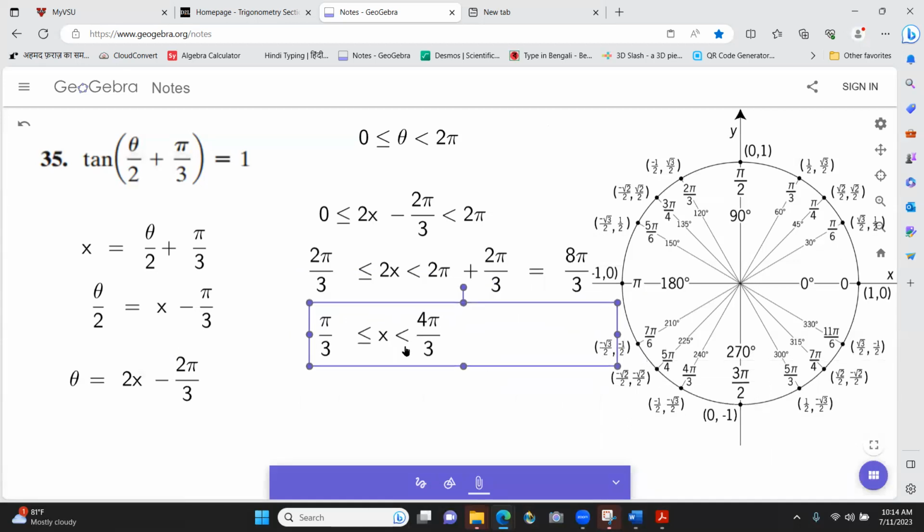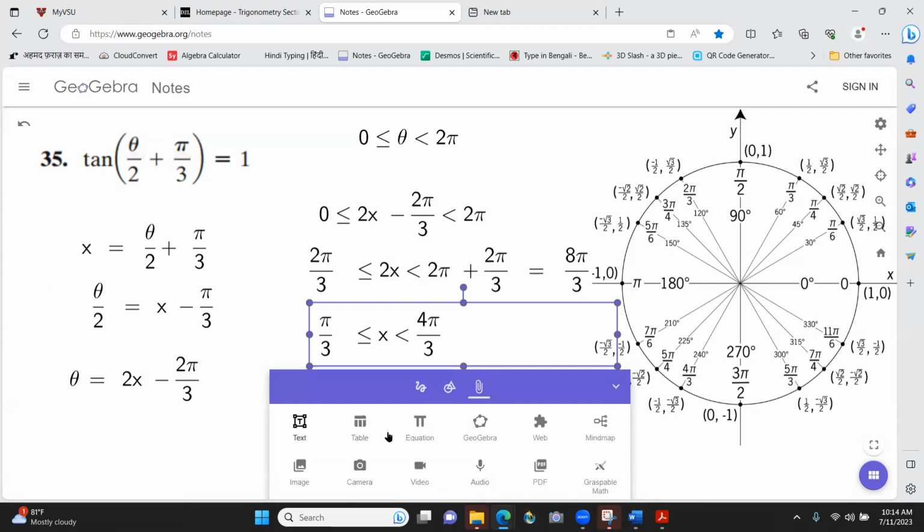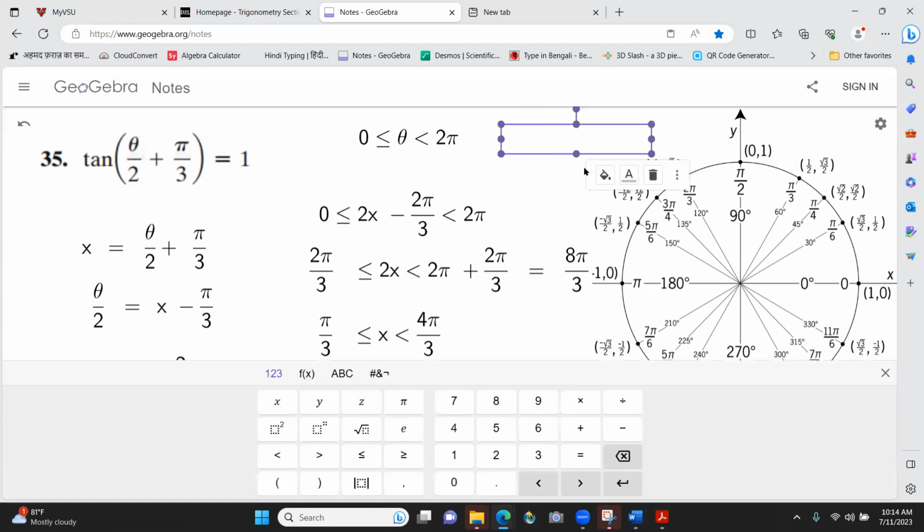Okay, this is where I want my answer to be. All right, now go back and put this original equation. Now it turns out to be this guy. It's a much simpler equation now, right? This original equation turns out to be tan x is equal to 1. Much cleaner.